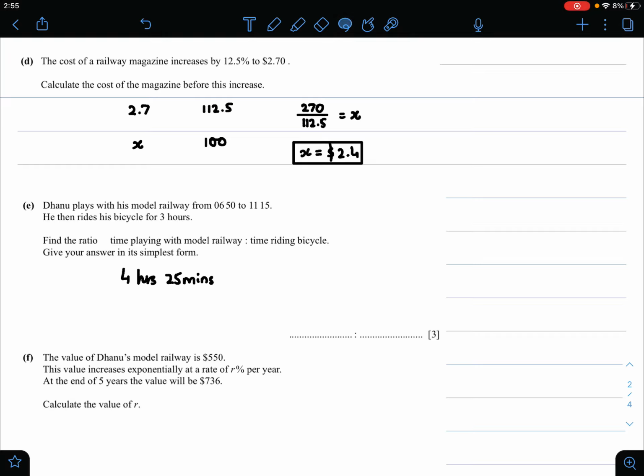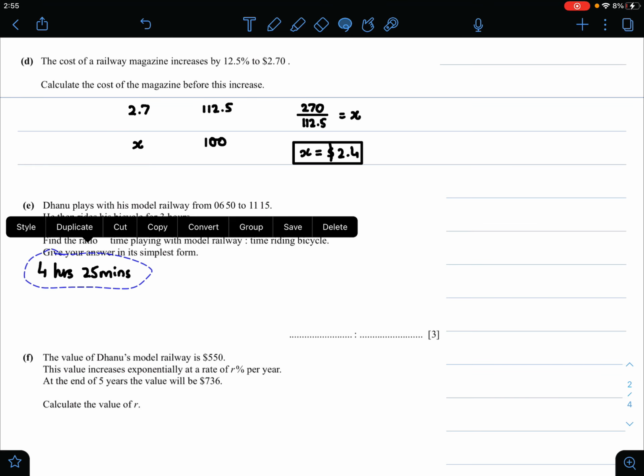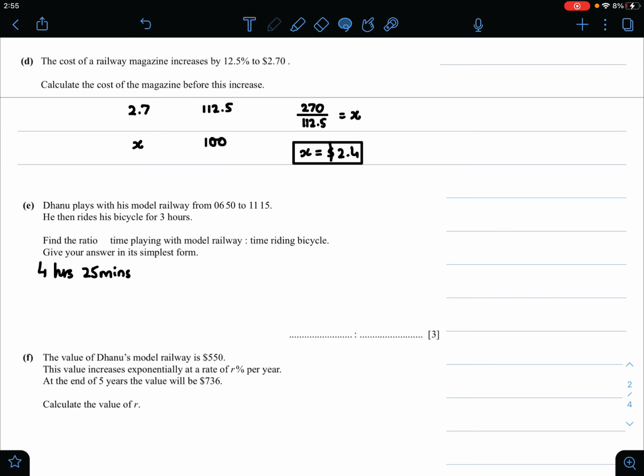Okay, so now let's convert this into a mixed fraction so we can compare it with 3 hours. So 4 whole, and 25 minutes. In an hour there are 60 minutes, so we can say 4 whole 25 by 60 is to 3 hours or 3 whole.